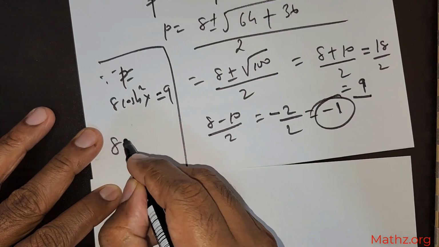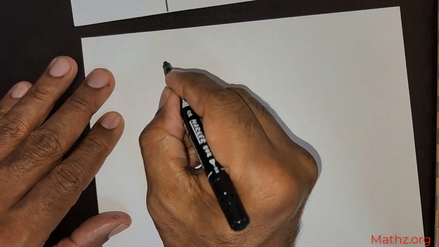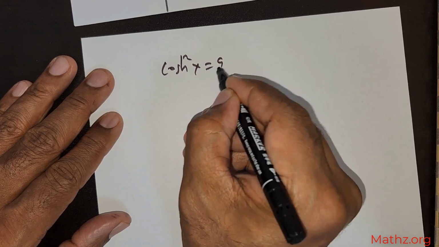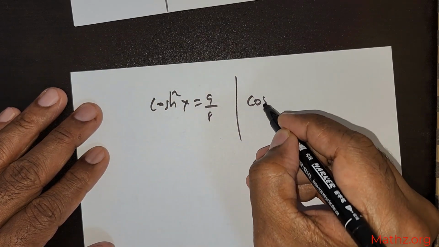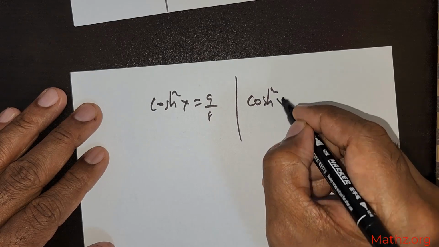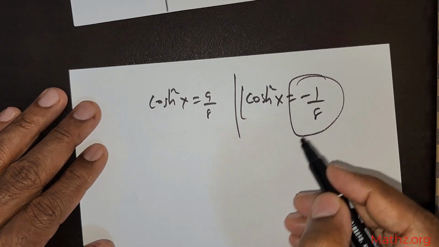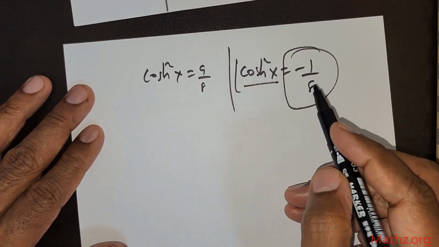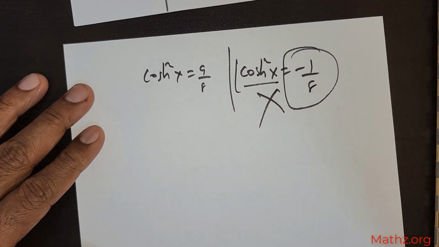Over here you have 8 times cos squared x is equal to negative 1. So when you got one solution here, the other one is negative 1 over 8. Now this negative 1 over 8 is not in the domain of the hyperbolic cos. So we need to drop this because of the fact I have just mentioned to you.